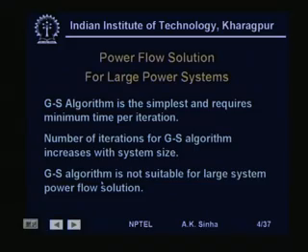Now, what are the types of power flow methods that we have learnt earlier? We have discussed the Gauss-Seidel method for solution of the power flow problem. Then we looked into the Newton-Raphson method.